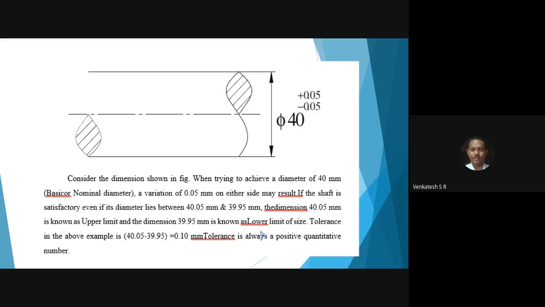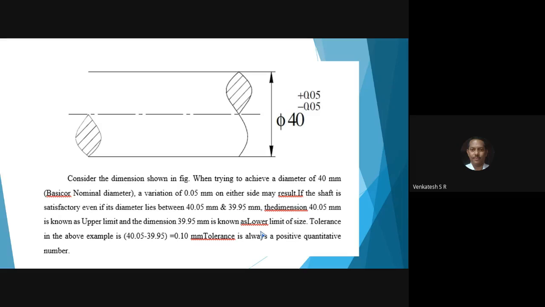Okay. Next, below that, write down in inverted commas: tolerance is always a positive quantitative number.